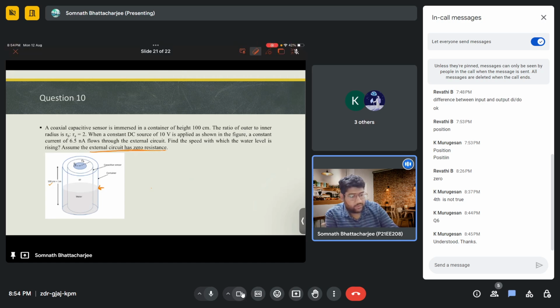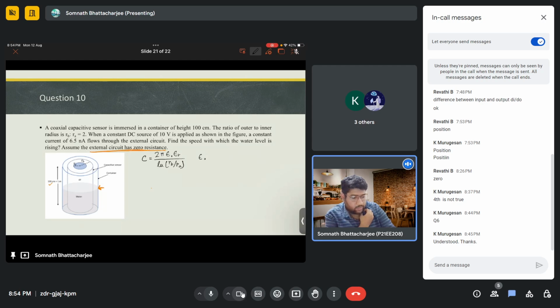First of all, what we need to know to solve this equation is the value of this capacitor, right? So C is nothing but 2 pi epsilon naught into epsilon r, that is the value of epsilon, and ln of the ratio of the radius of both of the coils, right?